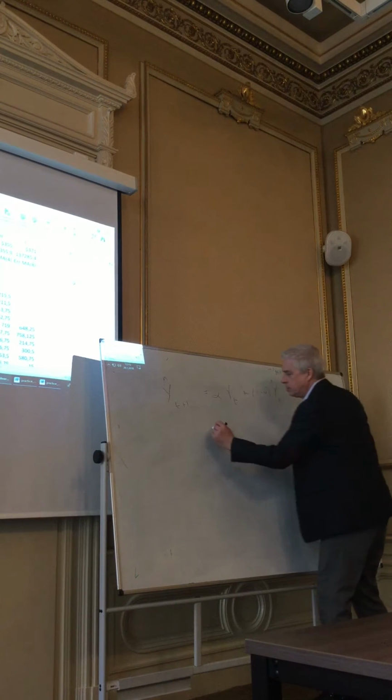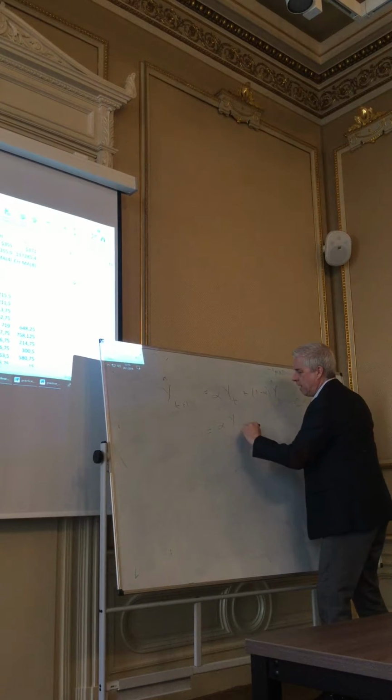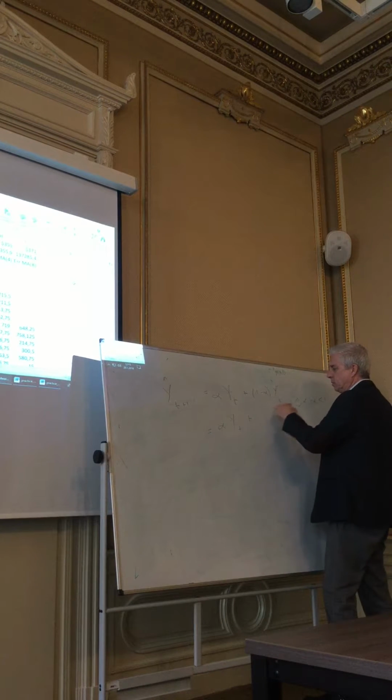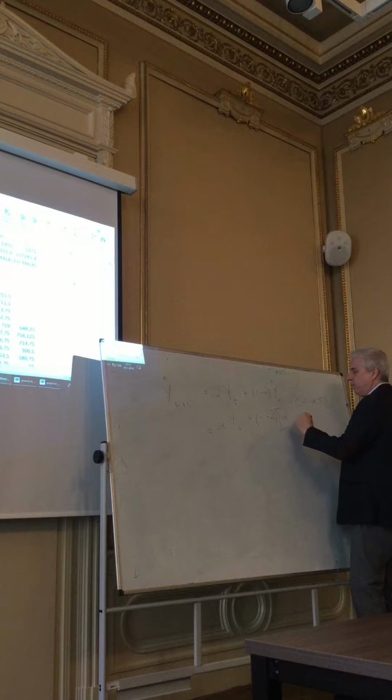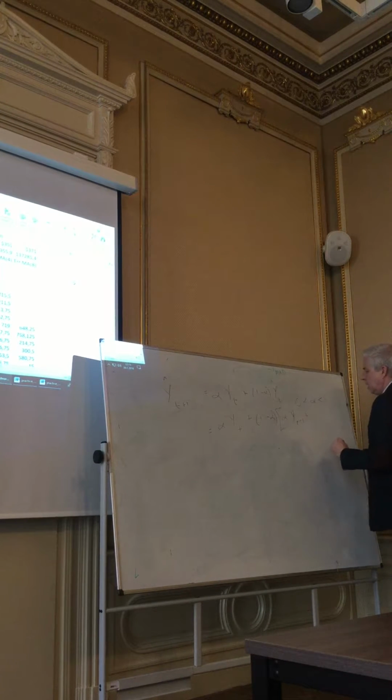Well, if you substitute in, it's alpha times Y_T. Substituting the old forecast over here, you get (1 minus alpha) times Y_(T-1) plus (1 minus alpha) times the forecast for T-1.